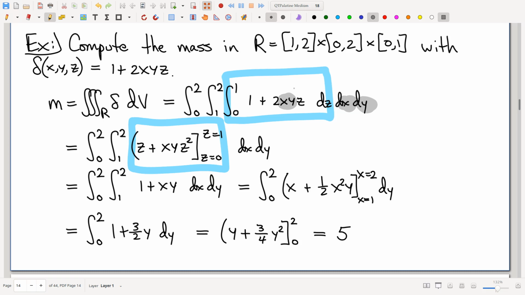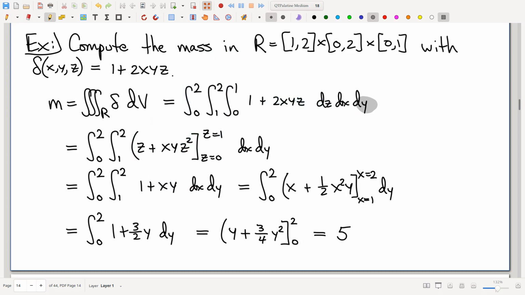But this is just a constant times 2z. And of course the antiderivative with respect to z, being my variable, the antiderivative of 2z is z squared, and the constant just comes along for the ride. Right? Everybody happy? Okay, so careful about that.